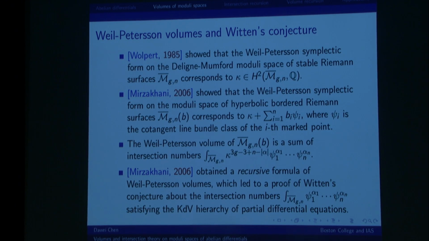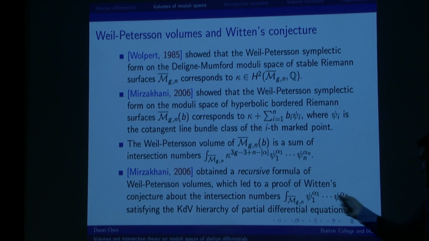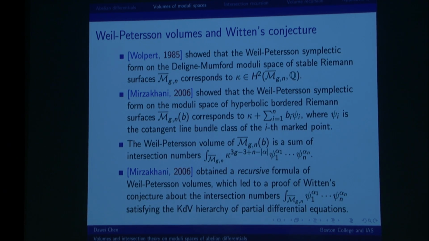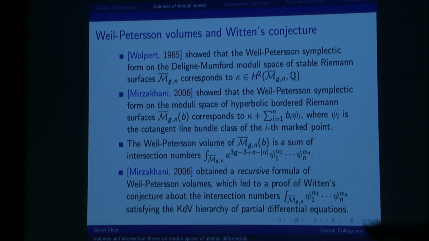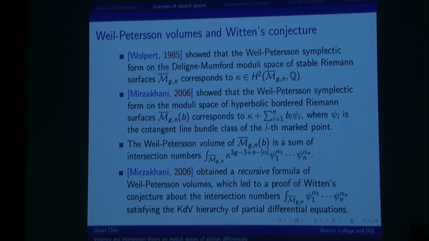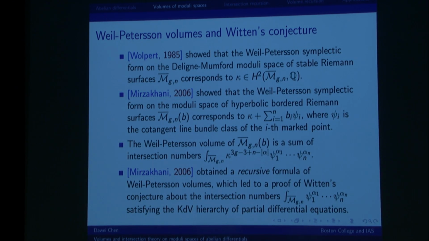Witten's conjecture is about taking these psi classes and considering all possible top self-intersection numbers over the Deligne-Mumford space M_{g,n} bar. Then you get a lot of numbers. But if you package them in a generating function, Witten, motivated by some intuition from physics, conjectured these generating functions satisfy special differential operators called the KdV hierarchy.